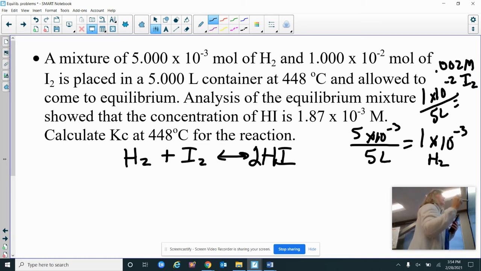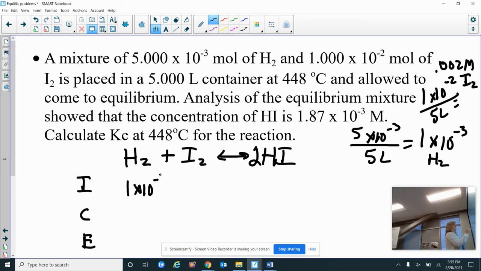All right, again, this has to be in our ICE chart. It has to be in molarity, not moles. So plugging in H2, it was 1 times 10 to the minus third. Plugging in I2, it was 0.002. And we are not given any HI to begin with, so that is 0. So once again, we know that if this product is 0, the reaction is going that way.